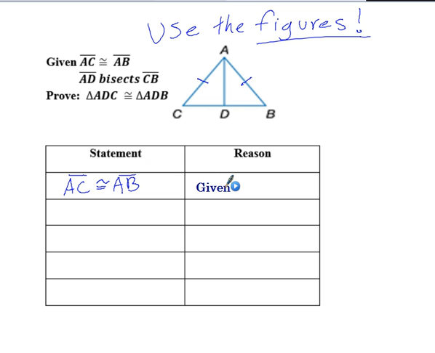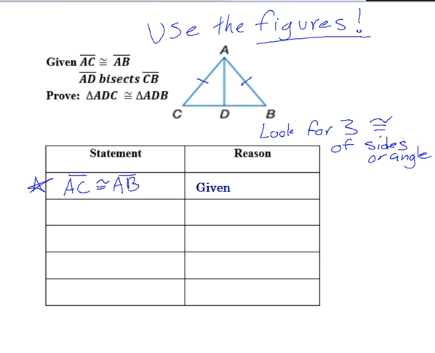So AC congruent to AB, that's given to me. I'm going to put a star next to that, because what we essentially want in these triangle proofs is to look for three congruencies of either sides or angles.